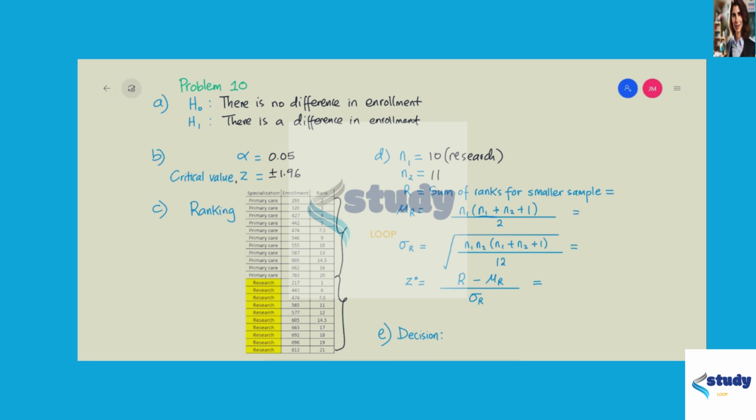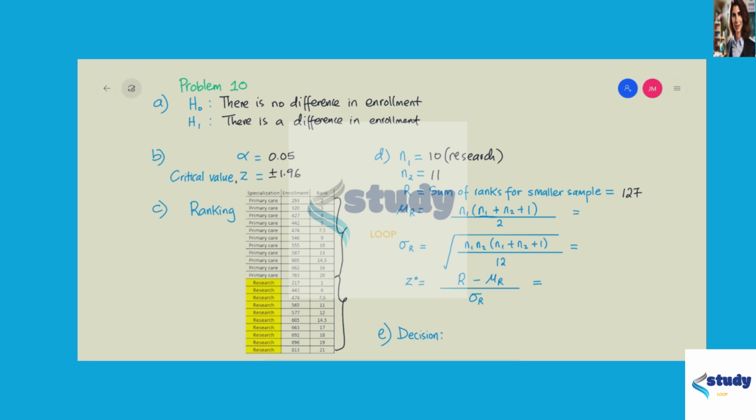R is obtained by summing up the ranks for the sample items that specialize in research, and in this case it's going to give 123 when you add up all the ranks.